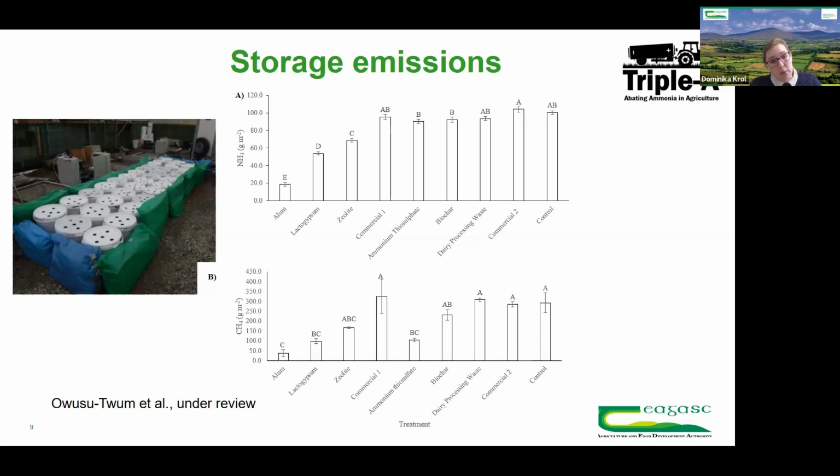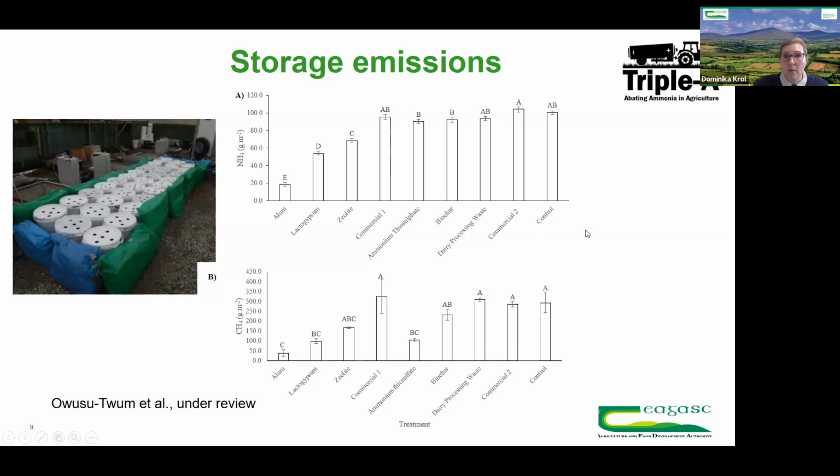However, we've encountered problems. Alum, how good it was at reducing ammonia emissions, it created a really thick slurry crust to the point where we deemed that slurry unworkable in an on-farm setting. Because to break through that slurry crust, that would require much more working in terms of agitation, and could potentially be an additional health and safety hazard in working with that thick crust.